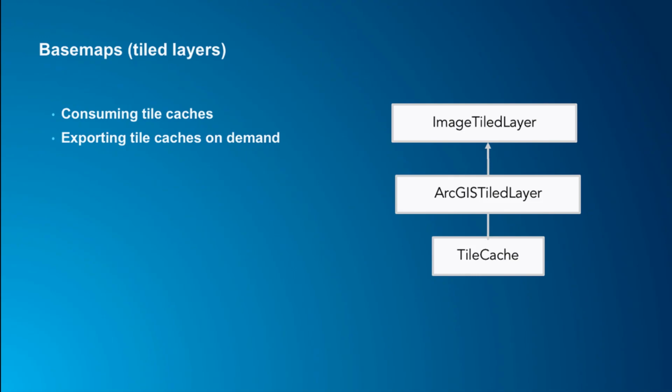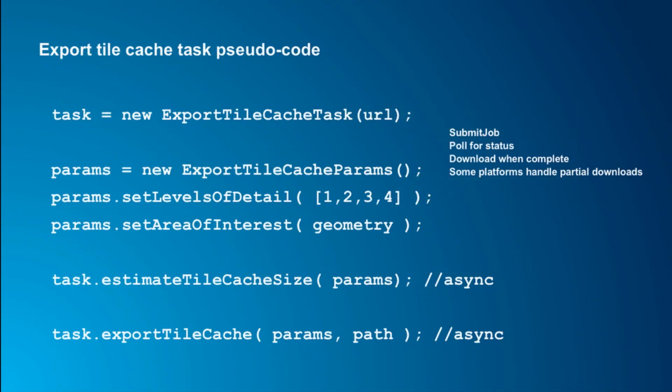You can use that to instantiate an ArcGIS tiled layer, and that works like any other connected ArcGIS tiled layer. So we're trying to make the online and the offline coding patterns essentially the same. So it's the same layer type, it's just you construct it with a tile cache, which is from a path rather than from a URL. So it's pretty simple to work with tiled layers in online or offline scenarios.